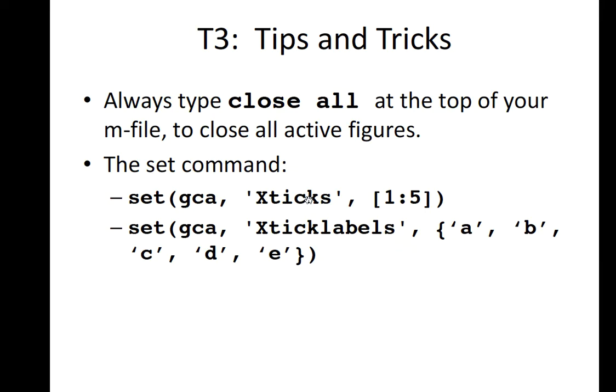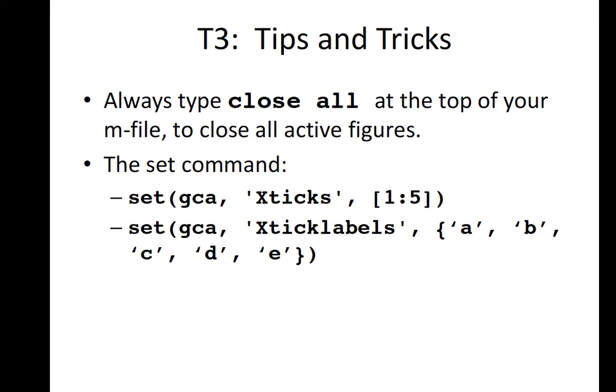And then, like all things in plotting, you always just access the property name, which you can find in the help, and I'll try to remember to show you that today in MATLAB, because it's a really nice tip. And then you change the property value. So here I'm deciding to change the xticks. Maybe when the original plot it had a tick every half, this would change it so that there was only a tick every one.